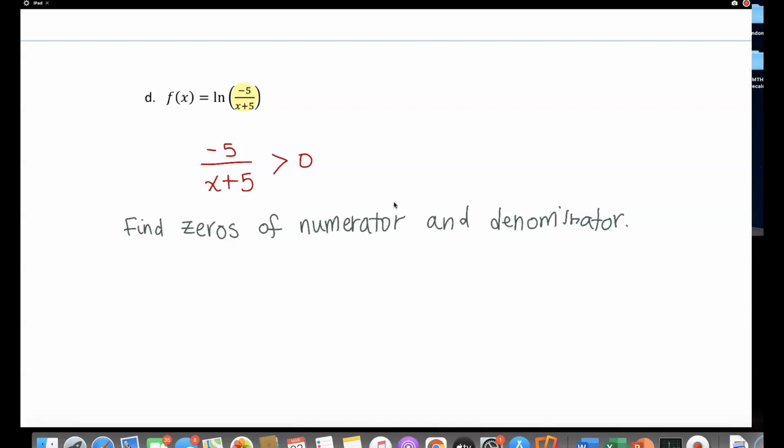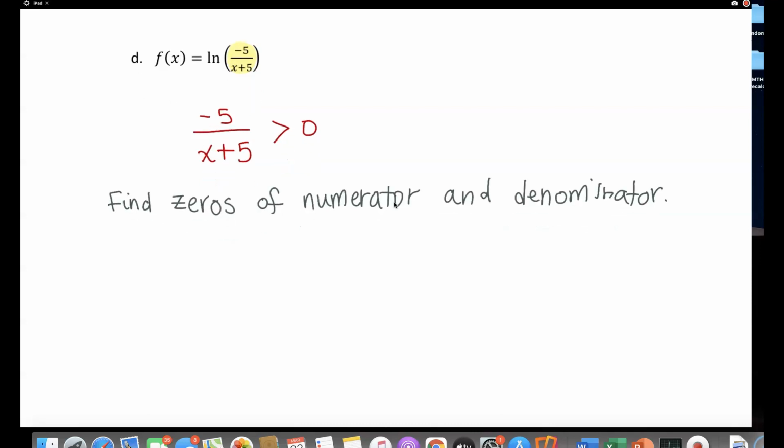On top of the fraction there is -5. So, can -5 be equal to 0? No, right? So there is no zero of the numerator. Next one, look at the denominator. Can we have 0 in the bottom of the fraction?